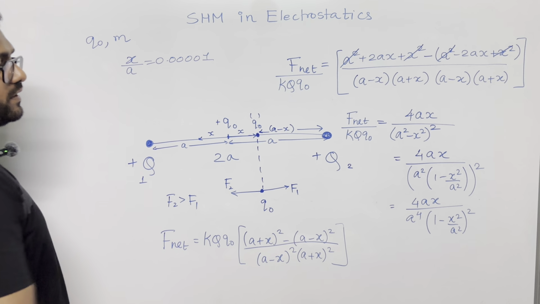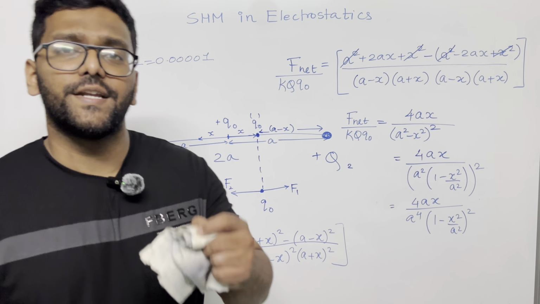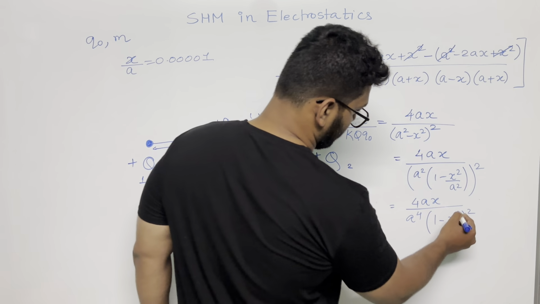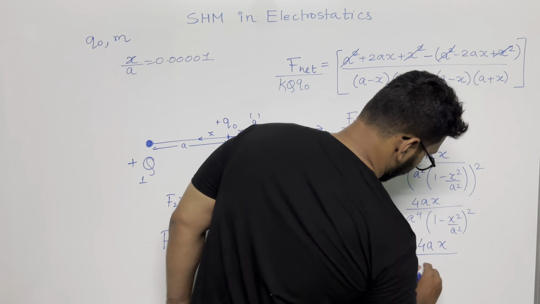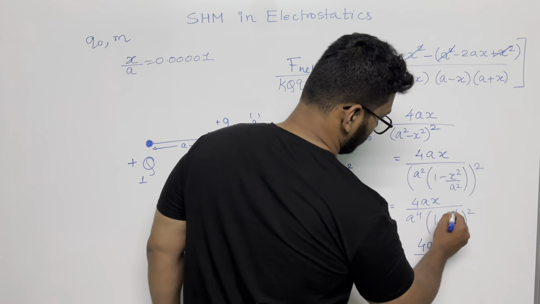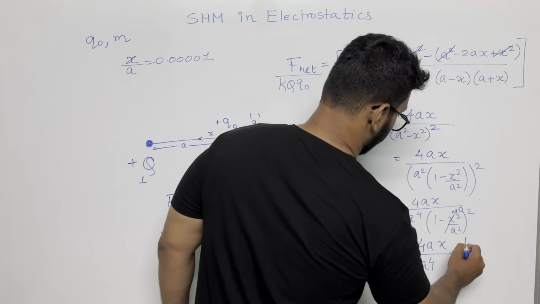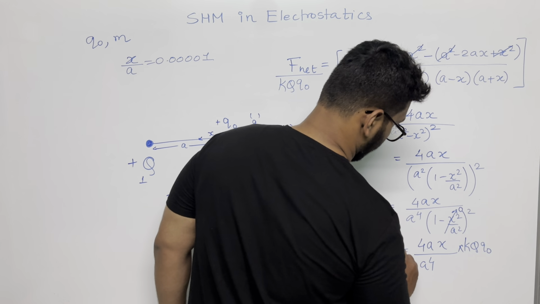Very small than 1. Compared to 1, this ratio of x square by a square is very small. So that means we are going to neglect this, right? So this will be 4ax divided by a to the power 4. This is going to be 0, and hence we are getting this multiplied with kq0. This is your F net, right?